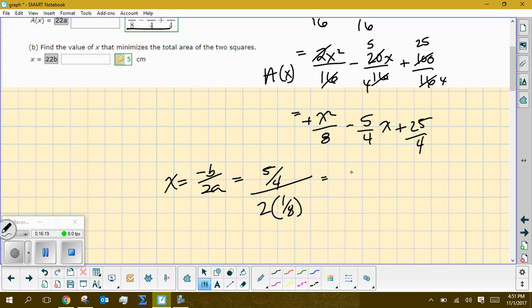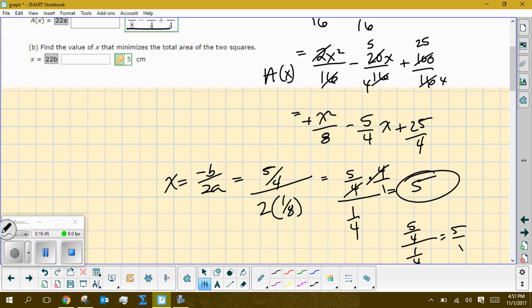Multiplying that together, I get 5/4 over 2/8, which is 1/4. You can multiply by reciprocals, get 4 over 1, and that gives me 5. When I see 5/4 over 1/4 with the same denominators, 4 and 4, I'm left with just the numerators, 5 over 1, which is just 5. Regardless of the technique you use, you still get x to be 5.